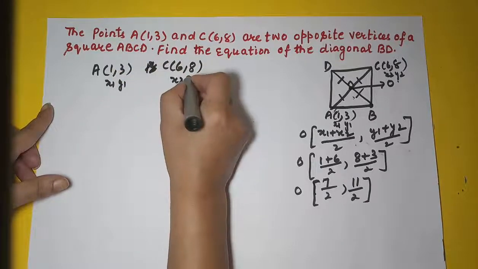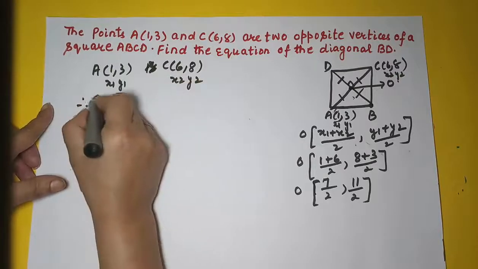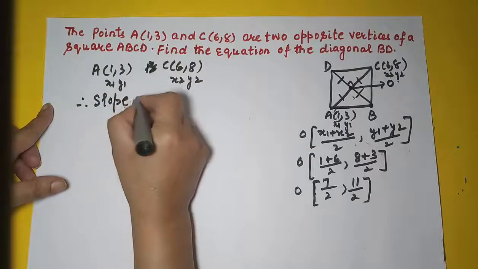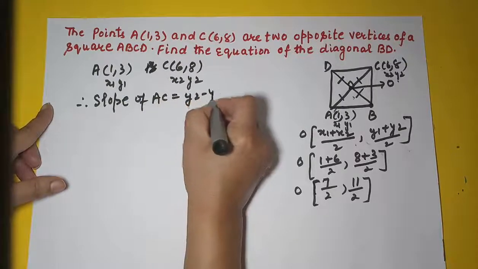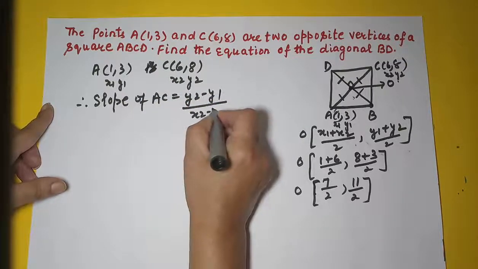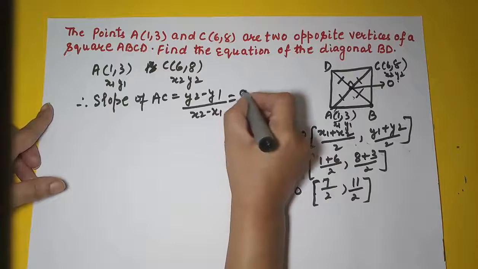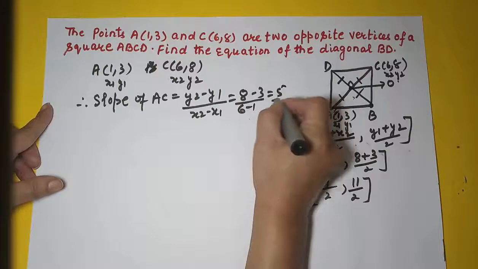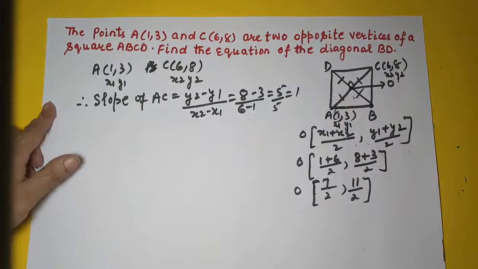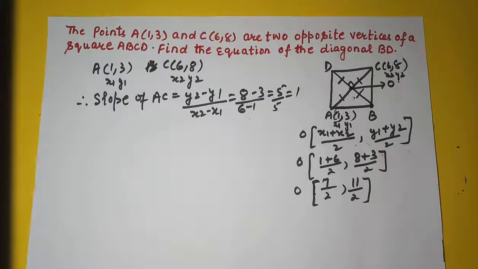This is my x2 and y2. Therefore, slope of AC will be y2 minus y1 upon x2 minus x1, which is 8 minus 3 upon 6 minus 1, which is 5 upon 5, which is 1. So we found the slope of AC as 1.